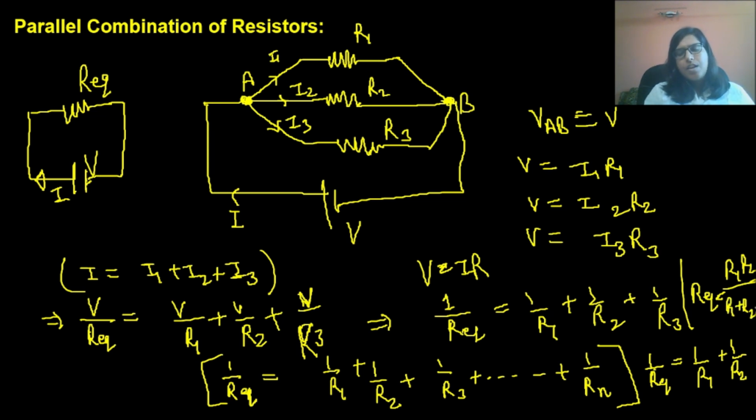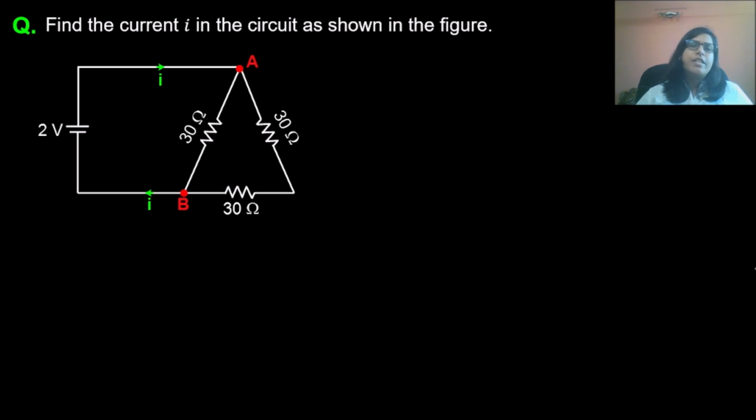Right? Now we will solve this question based on these two combinations, series and parallel combination. We have to find the current I in the circuit. So here is the current I, voltage we are given 2 volt, and this is the combination of resistors. Now we can see this 30 ohm and this 30 ohm are in series combination.